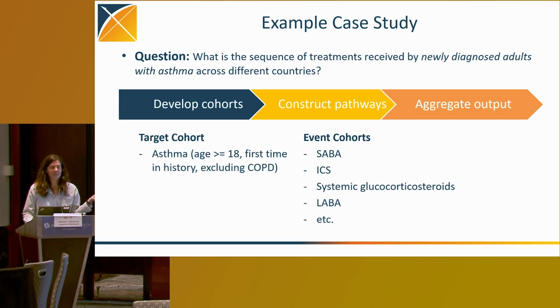But to follow the example, the target cohort in this case is people diagnosed with asthma. And I have just a very basic cohort where I say I'm interested in adult patients, so age over 18. I want to have a first diagnosis of asthma, and I exclude patients that also have COPD.